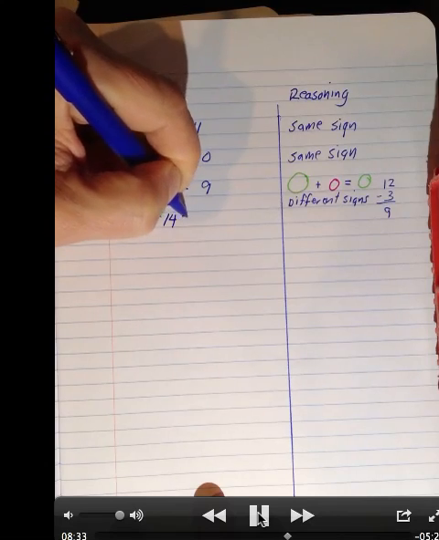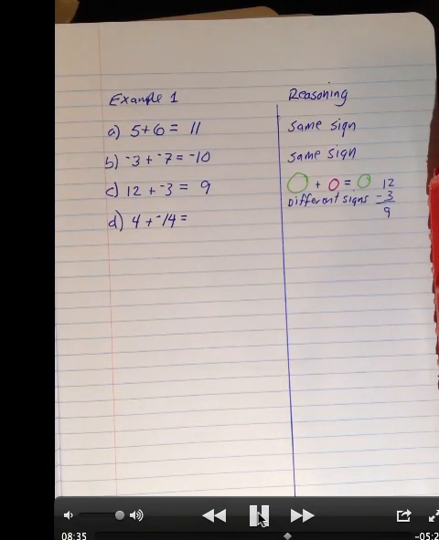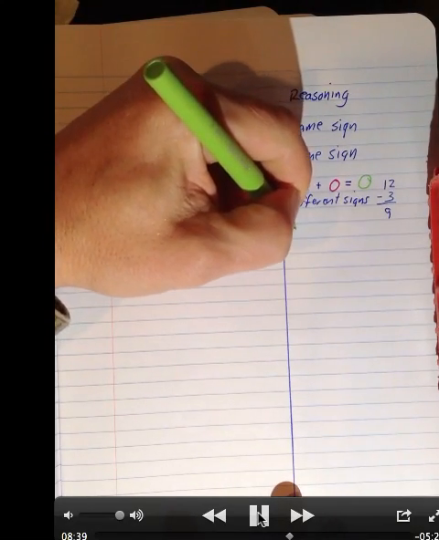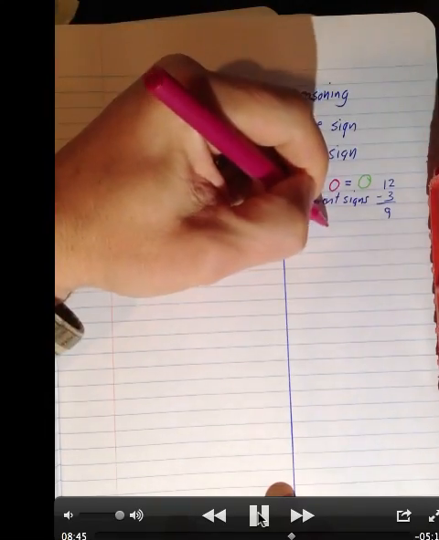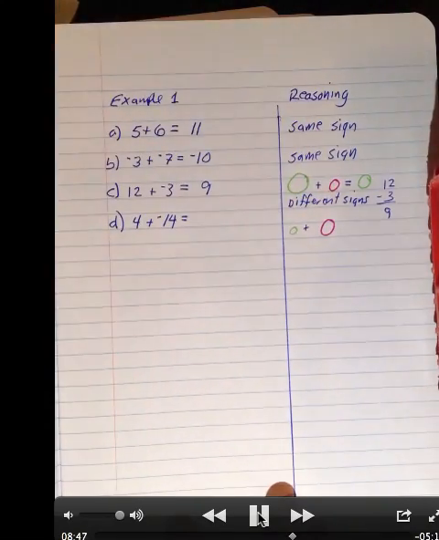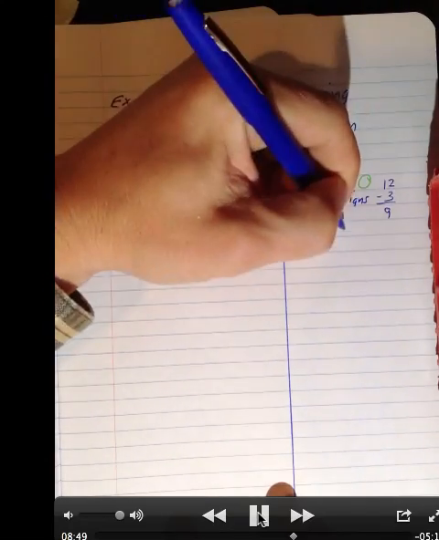4 plus a negative 14 has different signs, so we're going to draw a graphic. The positive number is represented by a smaller circle than the negative because 14 is bigger than 4, greater than 4. It's farther away from 0.